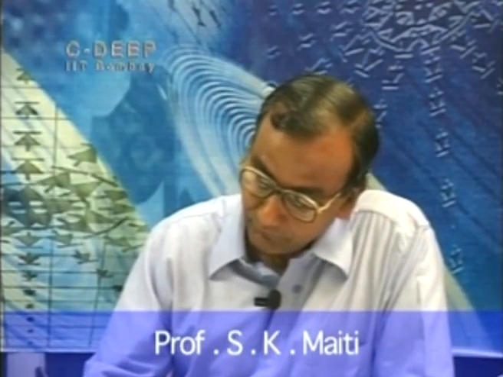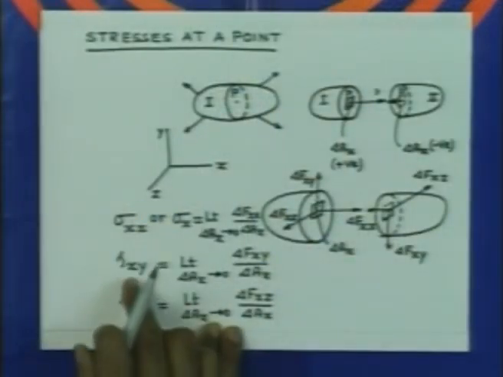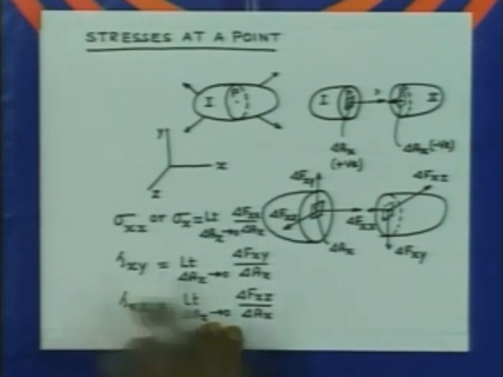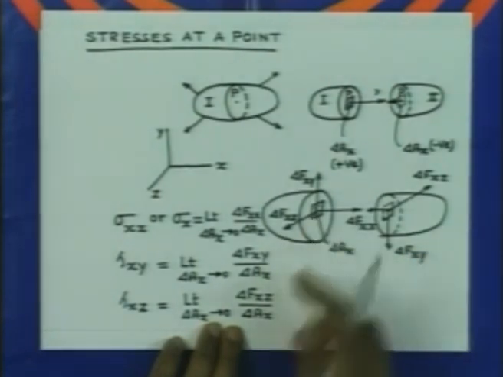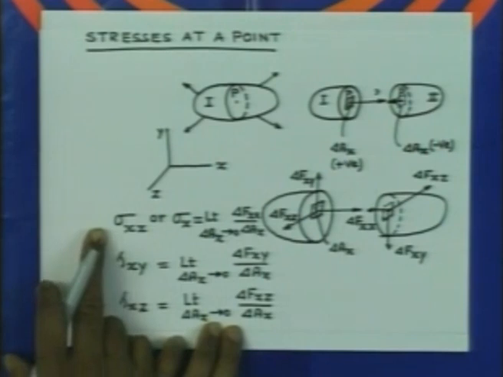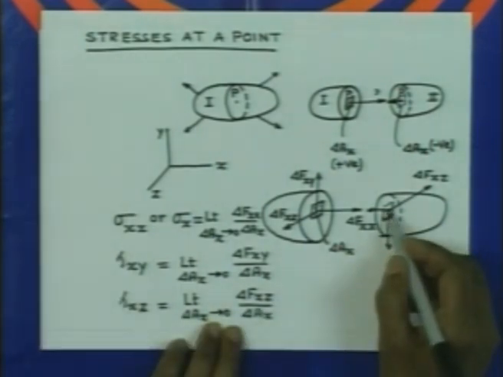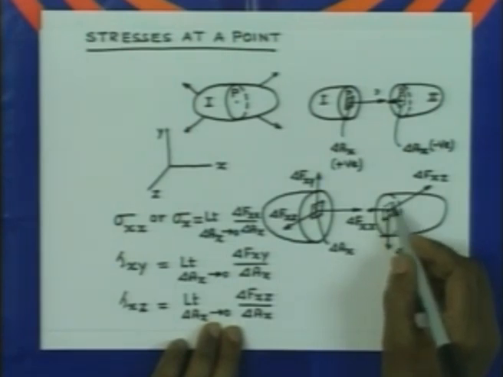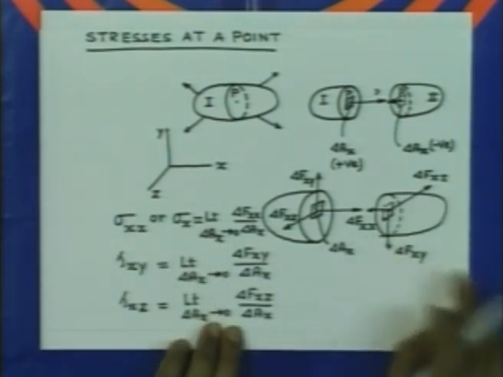Obviously, the stresses on this face are going to have the same magnitude, but they are going to be directed in the opposite directions. So please note that on this positive face we are going to have the stresses given by these values, and the stresses on the negative face are going to be given by the same magnitude, but directed in the opposite directions.